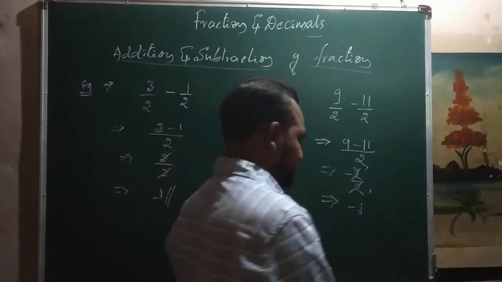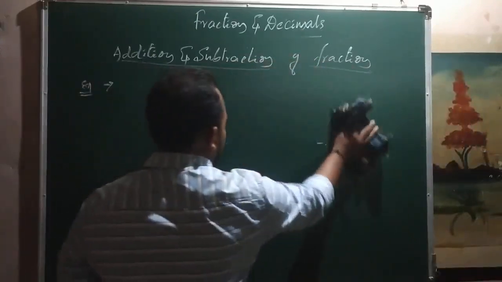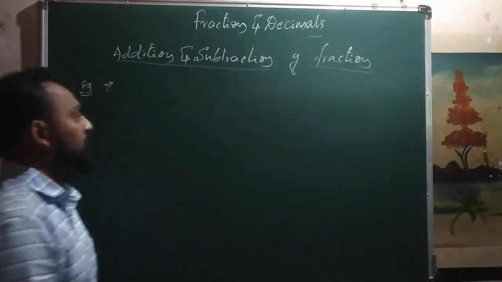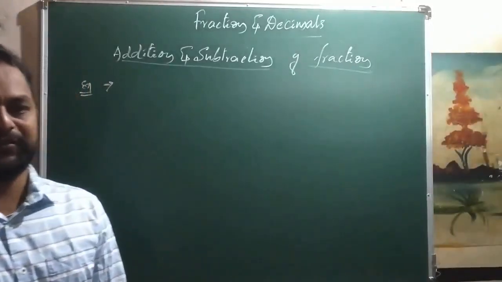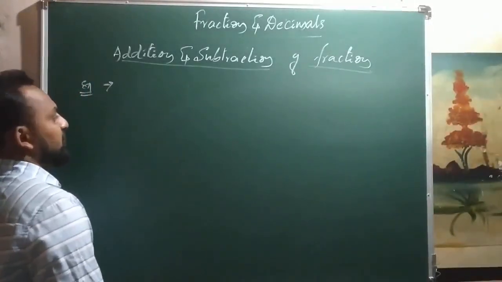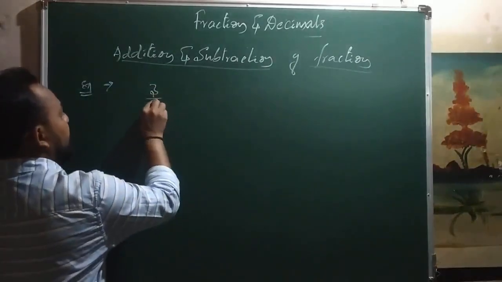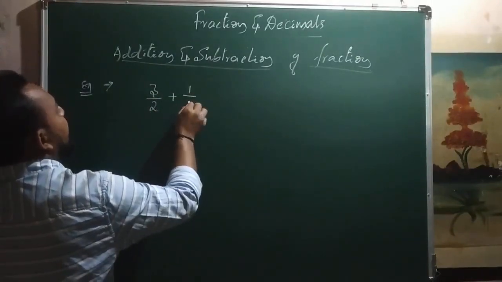The next one is the sum of two unlike fractions, having different denominators. Here, 3 by 2 plus 1 by 3.